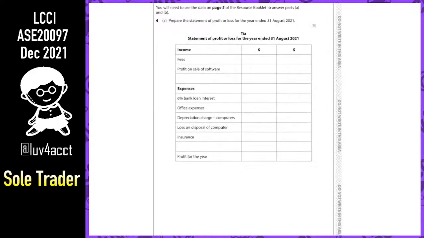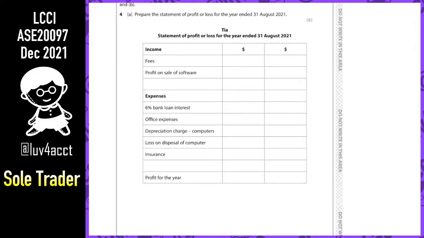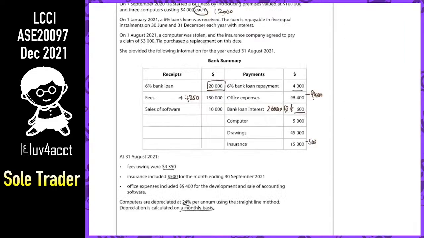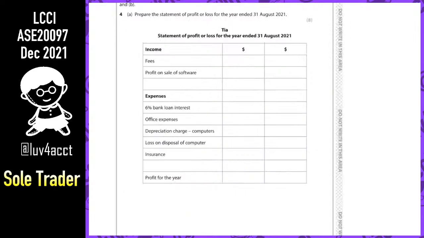Okay, for the fees, okay, you have that 150 plus some of the fees that is owing to you. Okay, so 154,350. Okay, here I also put the calculation 4350 owing to you.